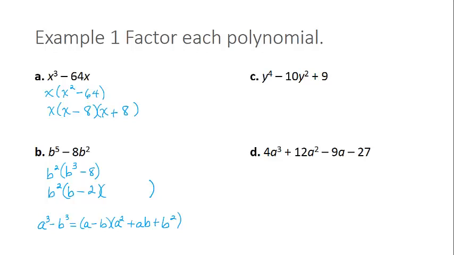And then we obtain the trinomial using this factoring pattern. We have to square b to get b squared, then take the opposite sign, form the product. B times 2 is 2b. Last sign is always positive, and we square the 2 to get 4.